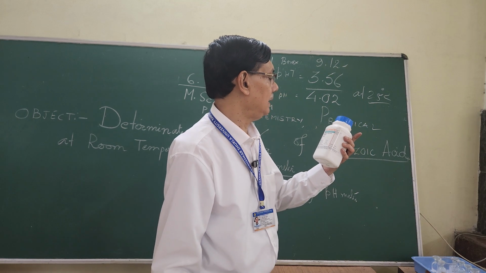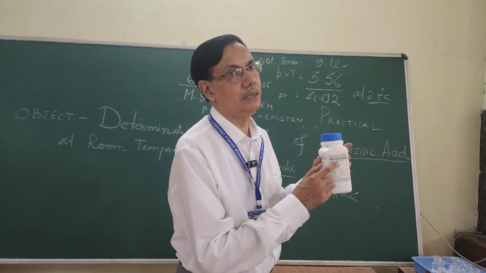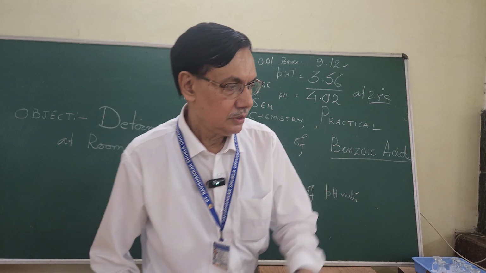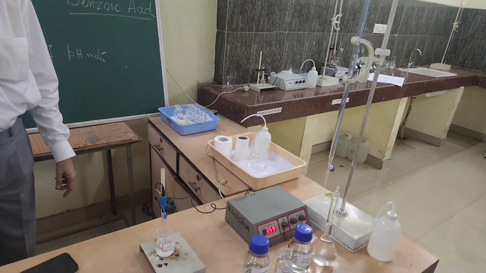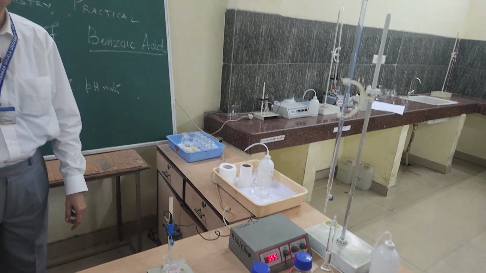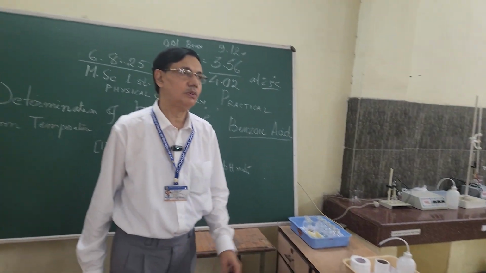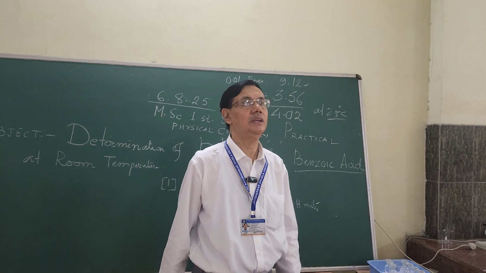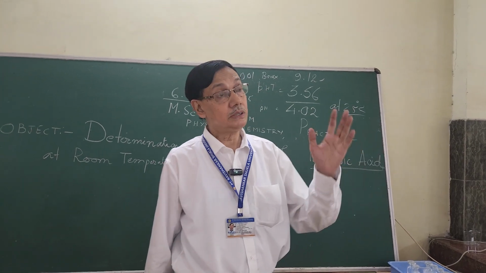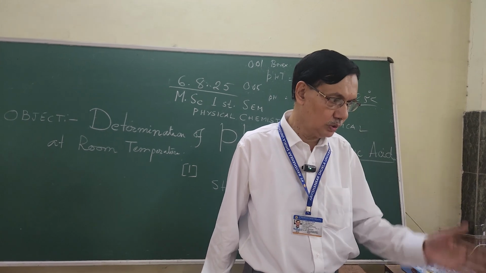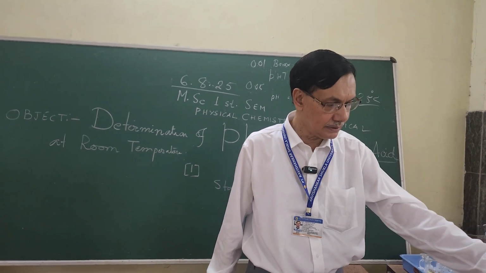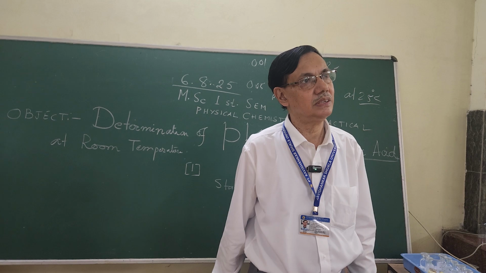Sodium hydroxide pellets, Ranbaxy, it is also laboratory reagent. Because sodium hydroxide is not a primary standard substance, we have to standardize it with potassium hydrogen phthalate in order to know the exact normality of that sodium hydroxide.